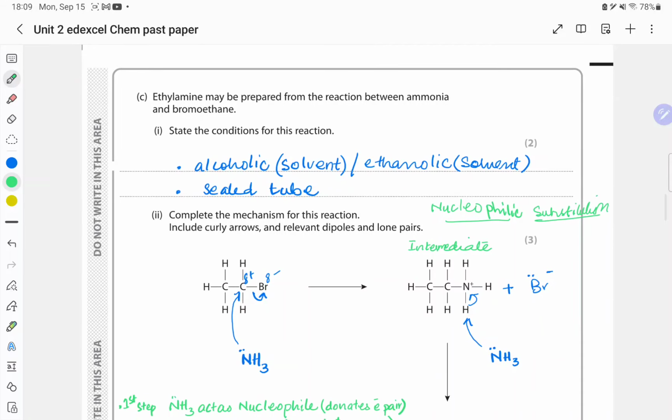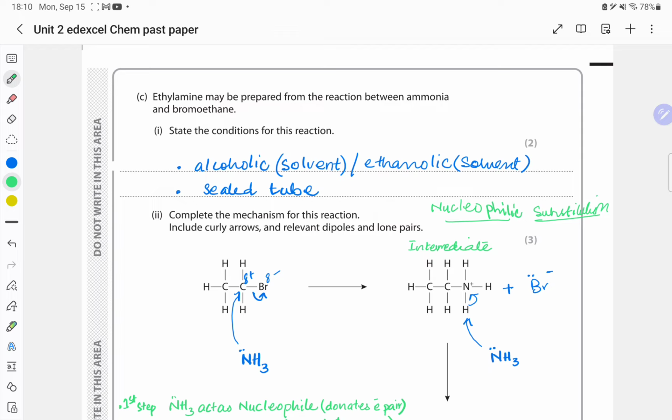Then we have: ethylamine may be prepared from the reaction between ammonia and bromoethane. State the condition for this reaction. There are many reactions where you need to learn the conditions and how they're going to be performed.